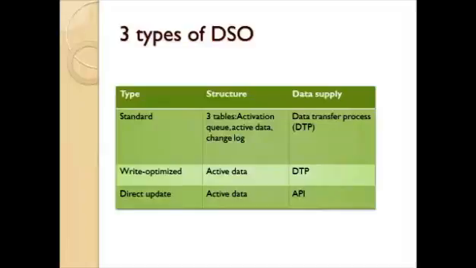Whereas the other two types of DSOs have only one table, which is the active data table. Finally, the third column shows in what way data comes into a DSO, the data supply. A DTP is used to load data into both standard and write optimized, but for direct update, we'll use an API, an application programming interface.